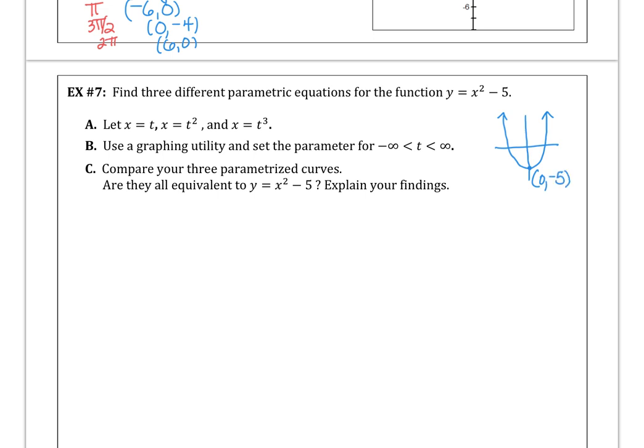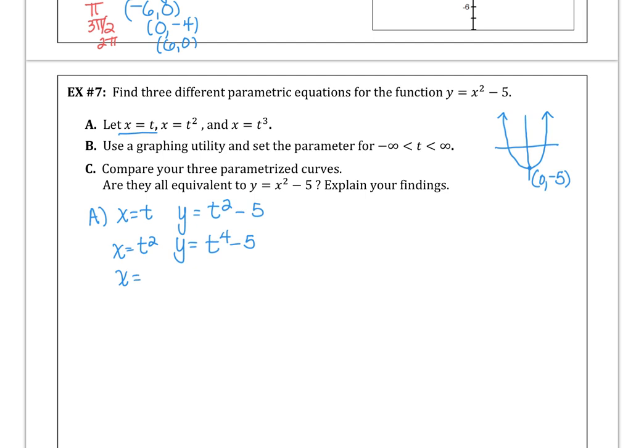So the first thing we could do is let x equals t. If x equals t, then y is going to be t squared minus 5. If x equals t squared, then y is going to be t to the 4th minus 5.